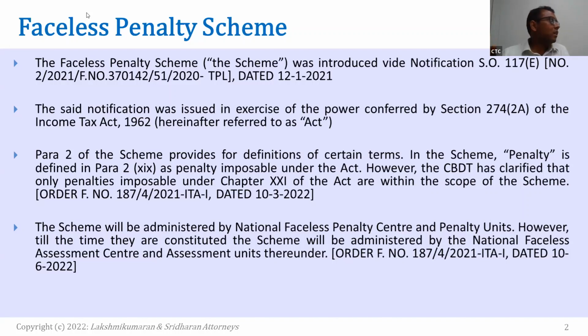The scheme broadly is similar to the assessment scheme. They set up a faceless penalty unit, like the faceless assessment unit. Where we have the assessing officer, they call it a penalty unit, and they have a review unit. Penalty proceedings will be initiated by the NFAC or the assessing officer.